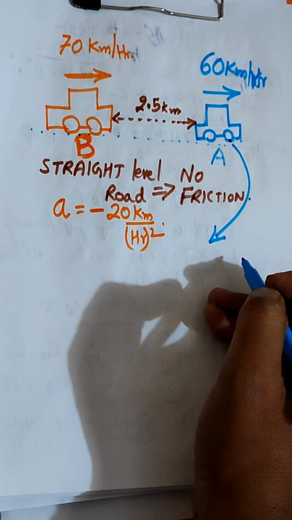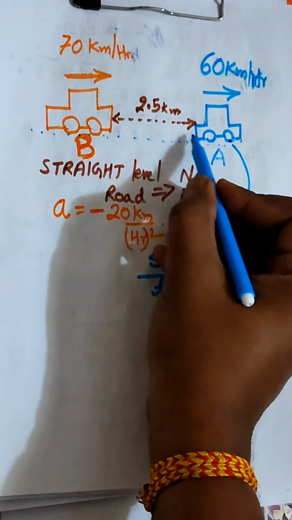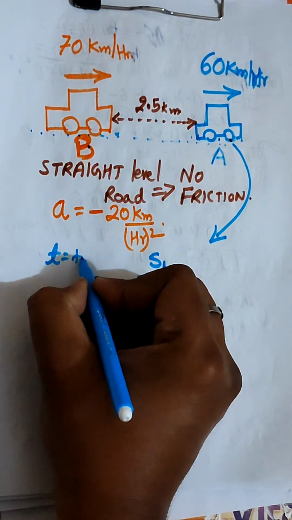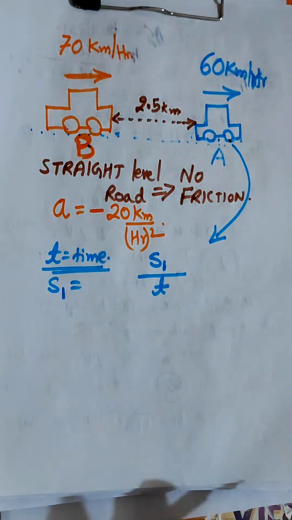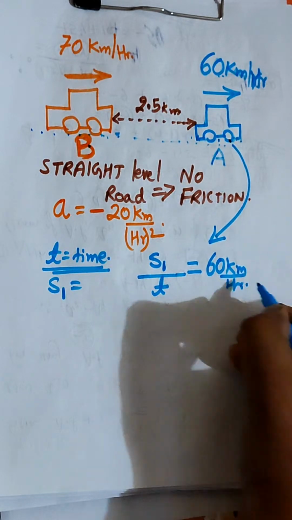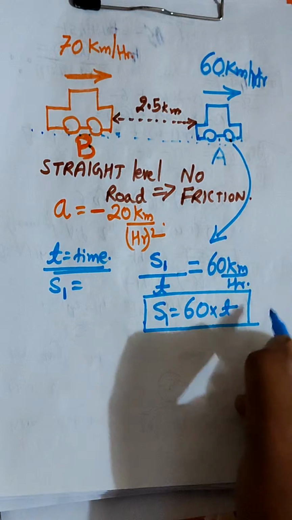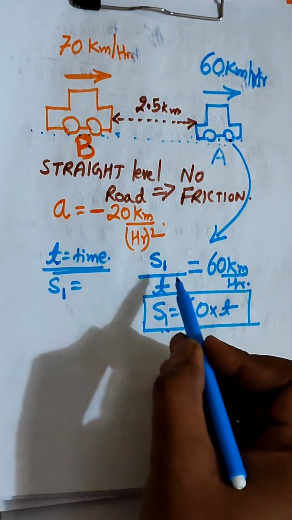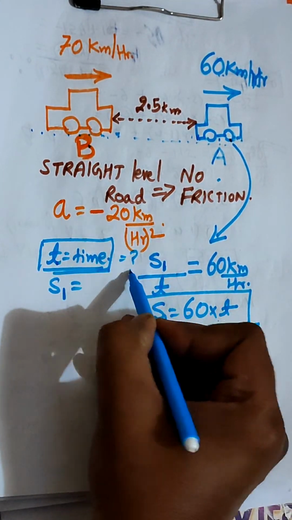For A, the distance, let's say, is S1 and the time is T. Let's say in T time, B catches A. The time taken by B to reach A is T, and S1 is the displacement or distance covered by A. Then S1 by T will be 60 km per hour, so S1 is 60 into T. This is one of the values arrived at, because there is no acceleration or deceleration given for car A. So in T time the S1 covered by car A is 60T.